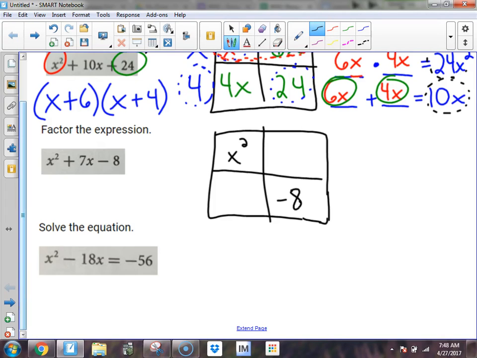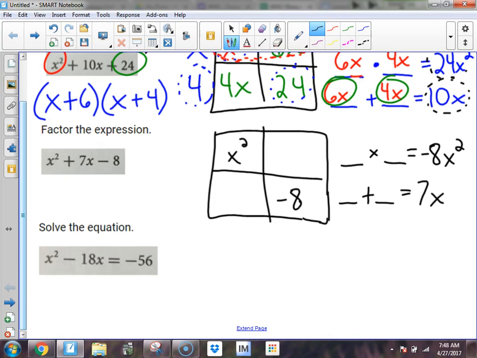Negative 8. Okay, now what we want to do is multiply the x squared and the negative 8. So blank times blank equals negative 8x squared. And blank plus blank equals... No, what is it? What two things we want it to add to? 7x. Good.